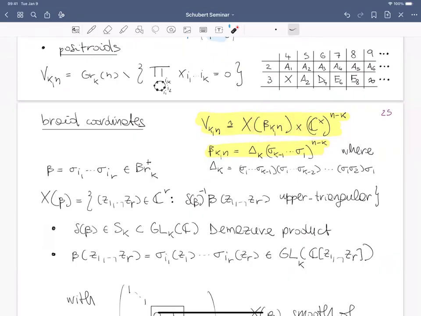So from now on, I will denote beta equals sigma i1 through sigma ir, a word in the Artin generators of the braid group. So this will be, for example, sigma i plus 1, sigma i plus 1.